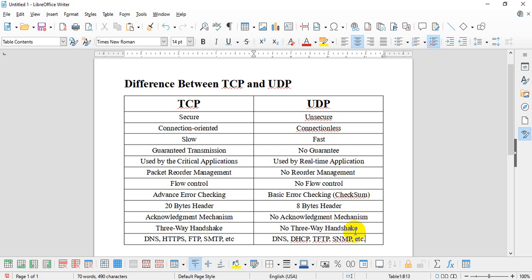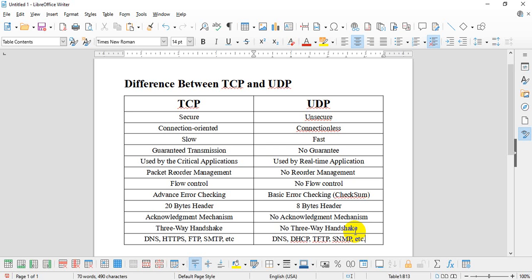TCP is used by critical applications, and UDP is used by real-time applications. In TCP we have a packet reorder mechanism, and in UDP we do not have any reorder mechanism. In TCP we have flow control, and in UDP we do not have any flow control mechanism.